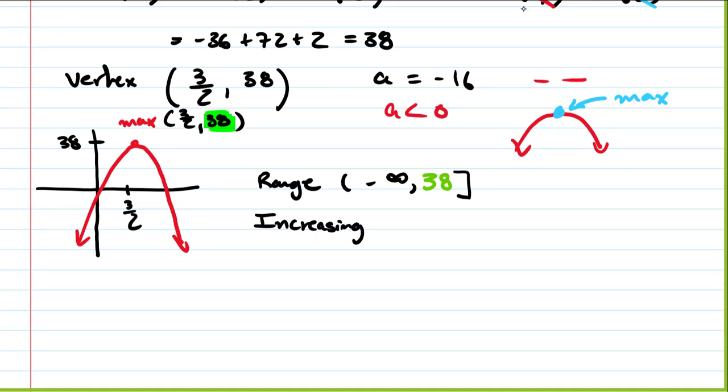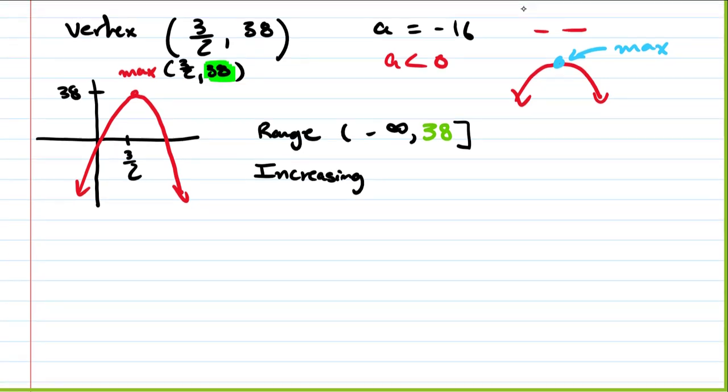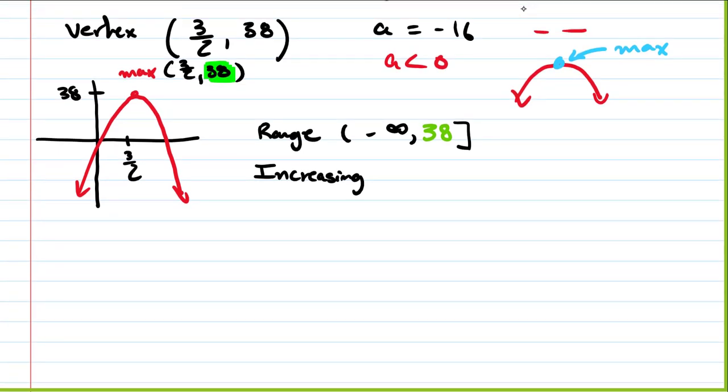So remember, our graph will always change from increasing to decreasing at a maximum. Well, we know where our max is. So it increases until it gets to its max. So it's going to go from negative infinity to where its max value is, which is 3 over 2.